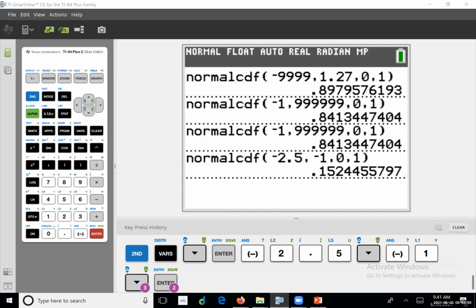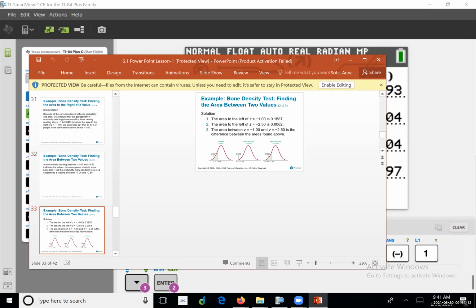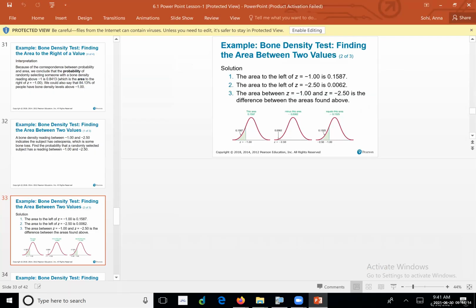Is there anyone here that needs more review of the calculator command before we move on? Actually, let's just review that part later.